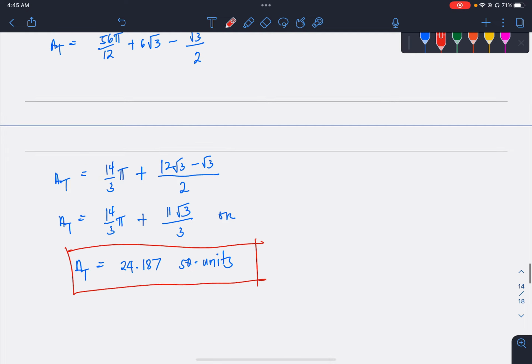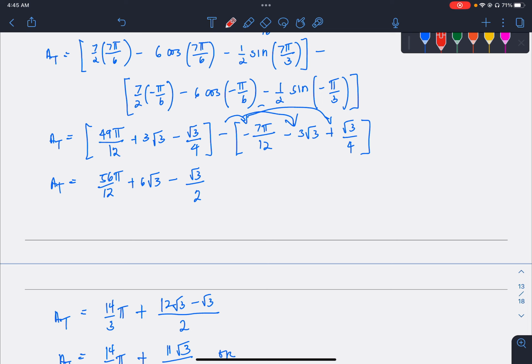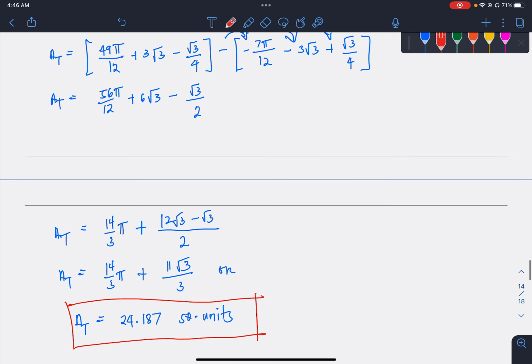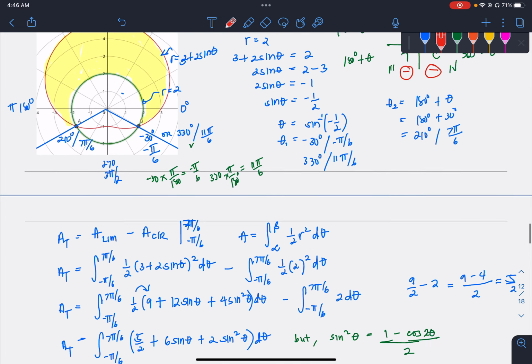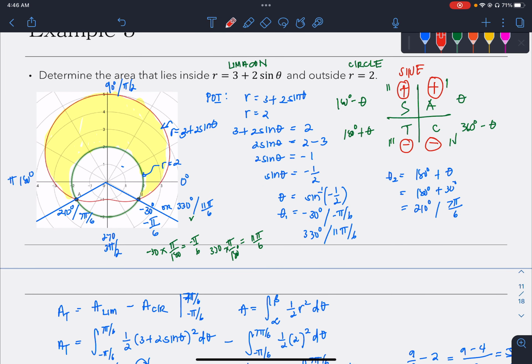Okay, so I messed up with 1/4. I mentioned 1/4 plus 1/4 is 1/2. However, I had written 1/4 still. Okay, so that is how to determine the area.